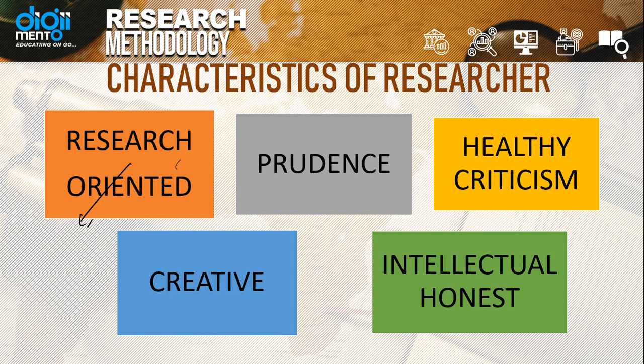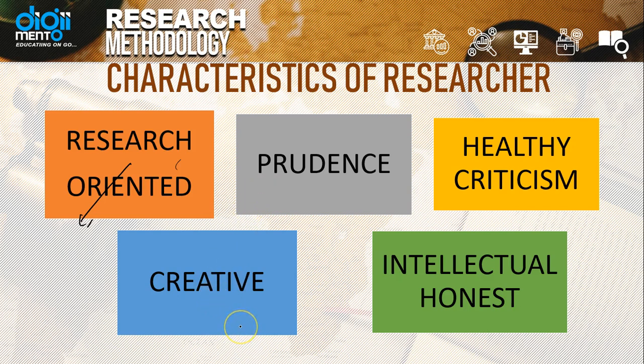Now the next one is healthy criticism. If you criticize some other researcher's research, then the criticism should also be very healthy. The researcher is always doubtful as to the truthfulness of the result in healthy criticism. Now the next one is creative.